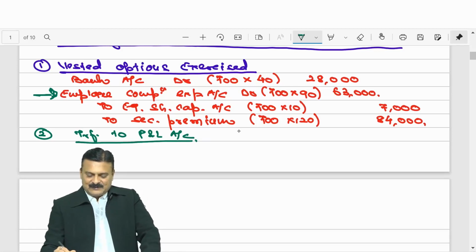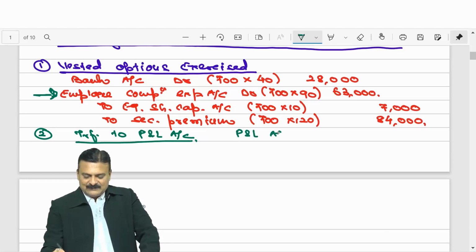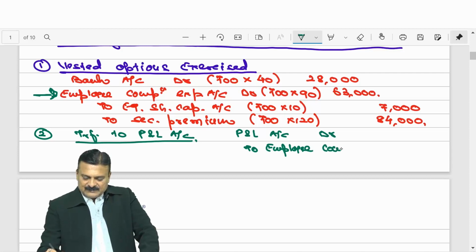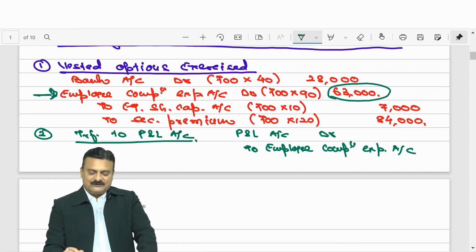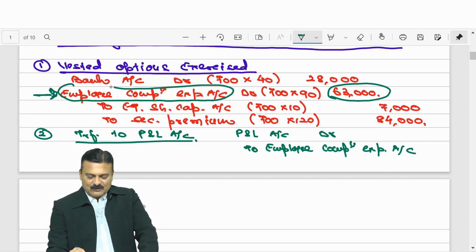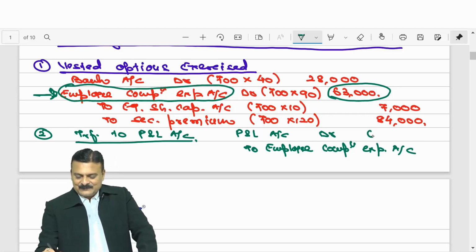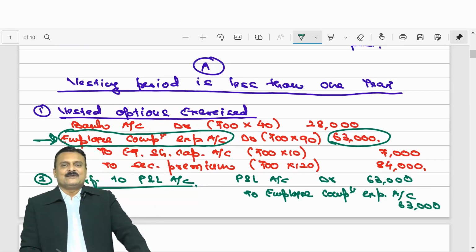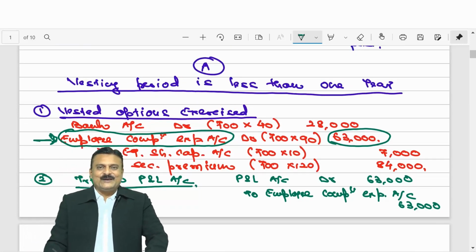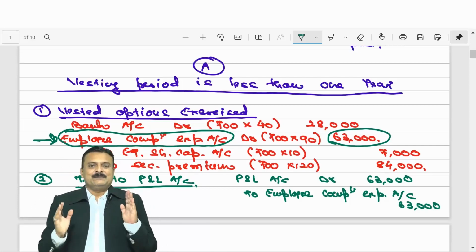My entry will be P&L account debit, profit and loss account debit to employee compensation expense account. Come on, what was our expense in the previous entry? Employee compensation expense was debited by what amount? 63,000. So here, transfer to P&L will also be 63,000. So this was case A, situation A, when the vesting period is less than 12 months.